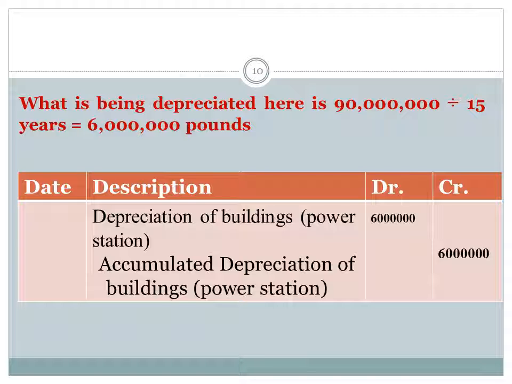The total amount 90 million divided by 15 years, so the depreciation amount per year will be 6 million. The entry will be depreciation of building power station 6 million in the debit side, accumulated depreciation of building power station in the credit side, 6 million.